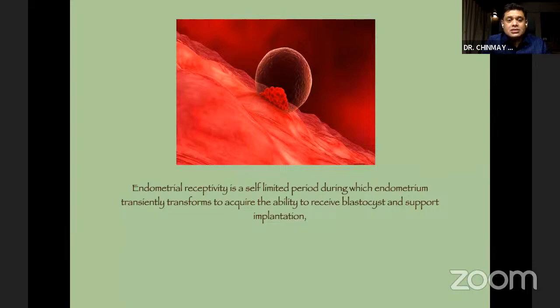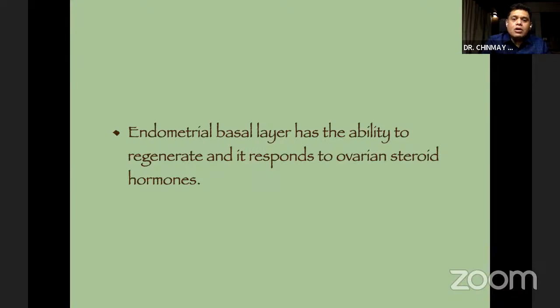That is, in gist, what endometrial receptivity is. Now, whenever we talk about it, we have to remember that each month, after the periods happen, what remains is the basal layer. This basal layer has the ability to regenerate and respond to ovarian steroids. That is how our treatments are working, and that is how the endometrium actually becomes receptive.